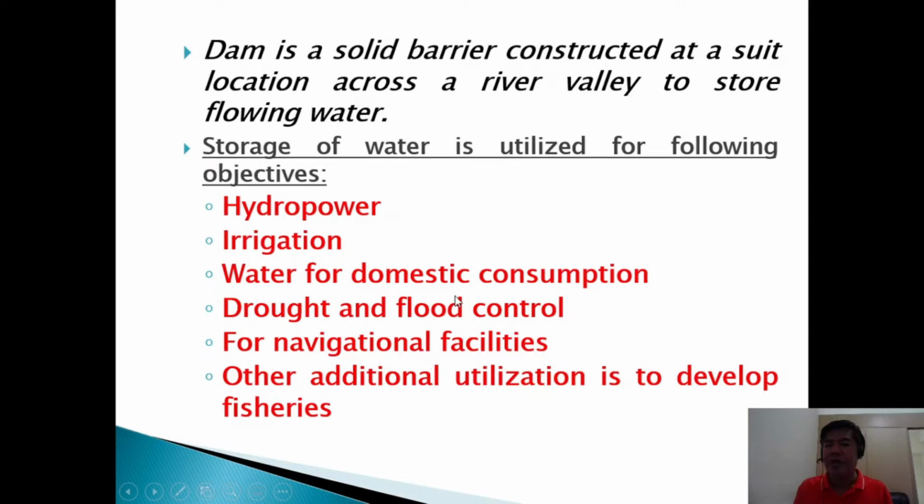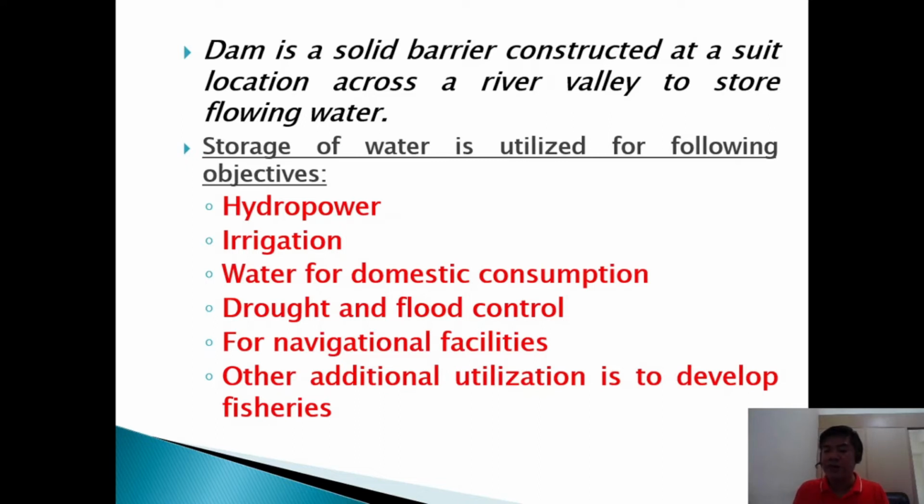The third one is for domestic consumption. For example, in Metro Manila, there are a lot of dams that are servicing Metro Manila. Another structure that is being built and servicing it is actually the water treatment plants, because of course water from the dams should be treated, and after which it will be distributed to the whole community for domestic consumption.